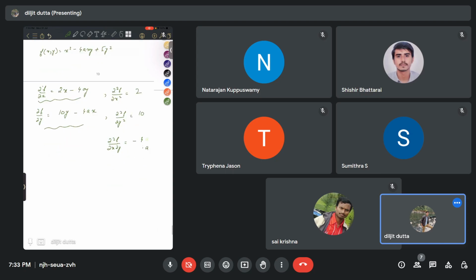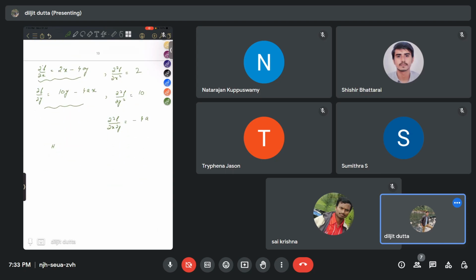So if we take the Hessian matrix, it will be 2, minus 4a, minus 4a, and 10.